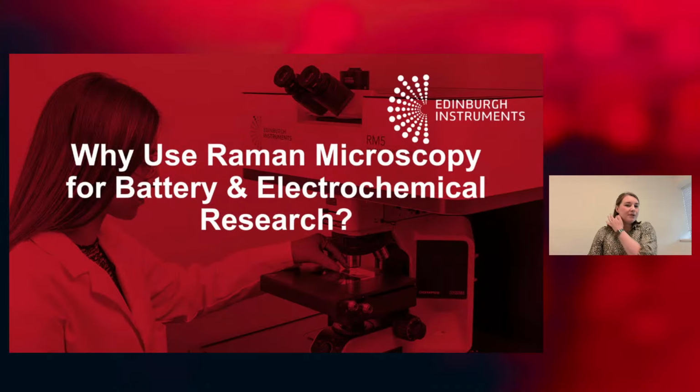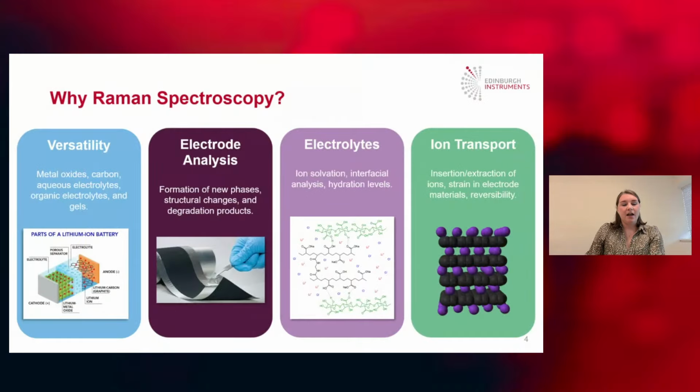So firstly, why would you want to use Raman microscopy for studying electrochemistry? Raman is really versatile in that you can analyze a wide variety of material types. This can include metal oxides, carbon, aqueous electrolytes, and organic electrolytes and gels, all components of a typical battery.